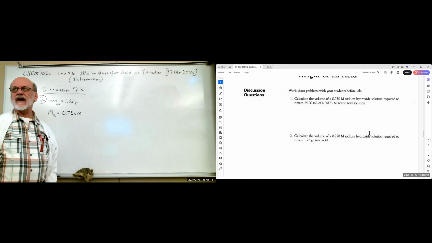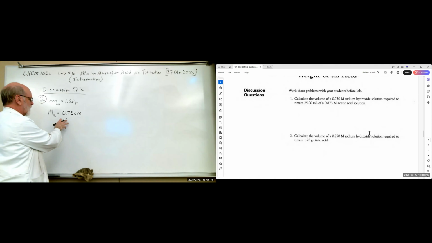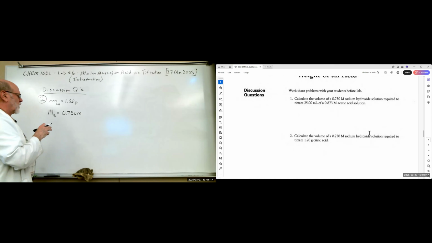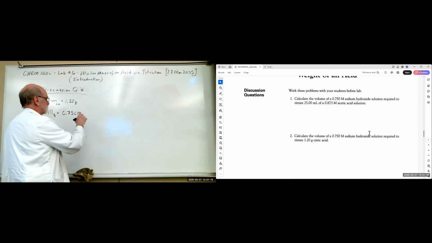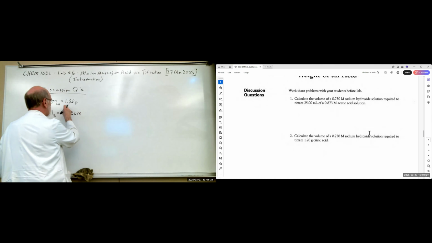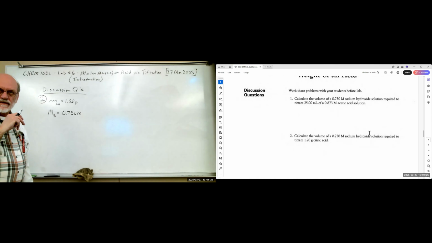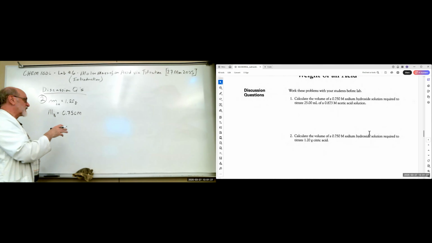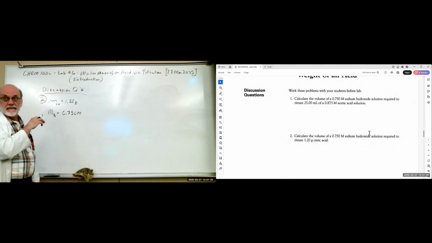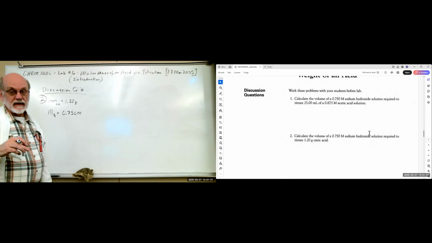We're asked to calculate the volume of that base required. Well, as it turns out, if we know the moles of this citric acid, then by our stoichiometry we can tell how many moles of base are required.